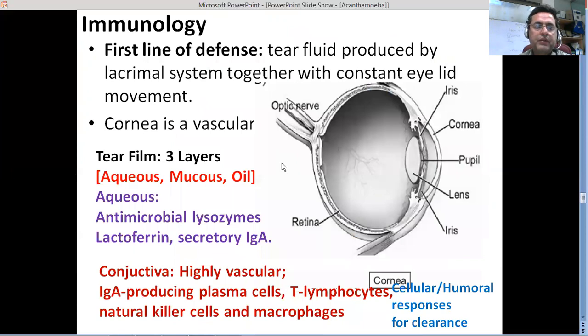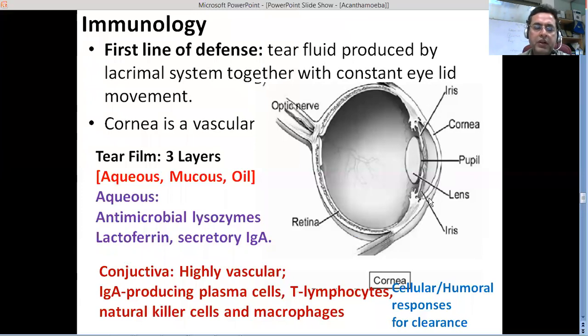We have discussed this. Then we discussed the immunology of this particular infection, that the first line of defense is provided by the tear fluid and the blinking movement of your eye. These are protective movements, the first line of defense against any pathogens. The cornea, the outer layer that we discussed, is avascular.